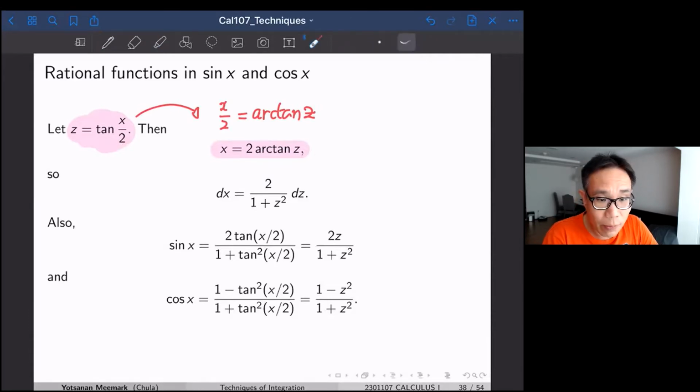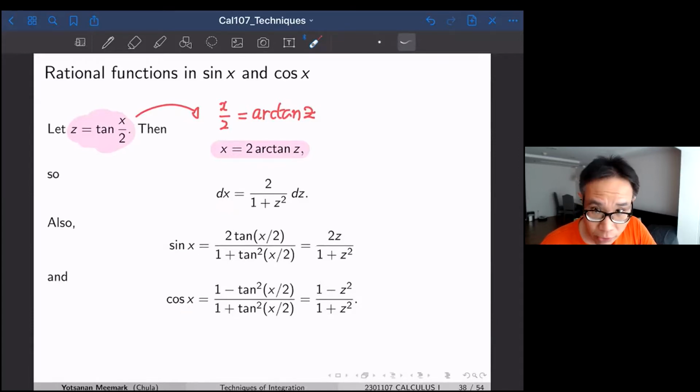And then you're gonna differentiate both sides. So dx is gonna be dx, and the derivative of 2 arctan z is 2 over 1 plus z squared dz. And you're gonna use the half angle formulas for sine x and cosine x.